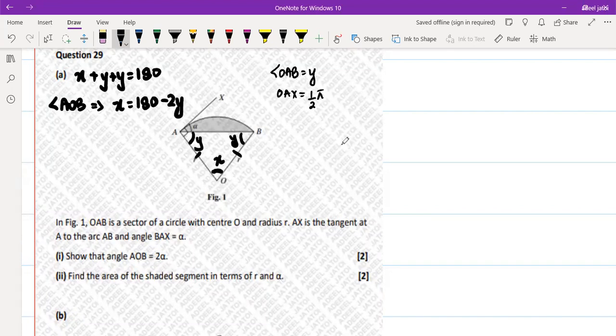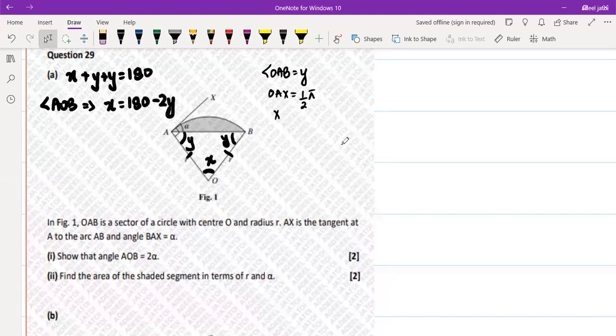Similarly, XAB is equal to alpha. So OAB should be 1 upon 2 pi minus alpha. So Y is equal to 1 upon 2 pi minus alpha.